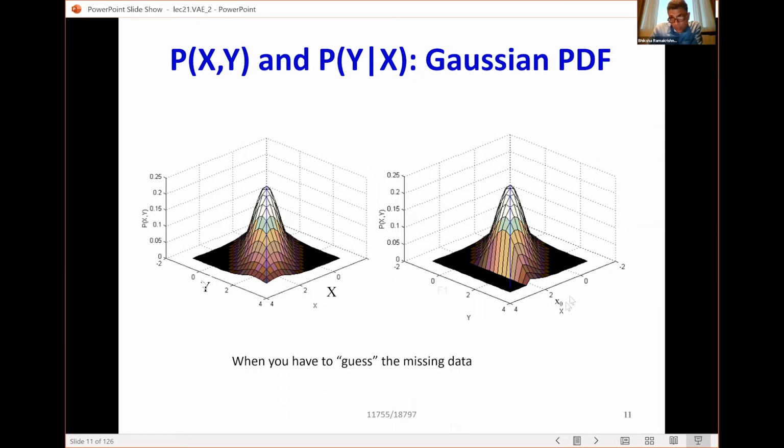So when I give you the observed value X0, the values that Y can take are going to follow the distribution given by the slice of this Gaussian at X equals X0. So the missing components, we may not know what the value is, but we do have a distribution for the missing components, which is going to be the slice over here. Is this making sense to you guys? Yes or no?